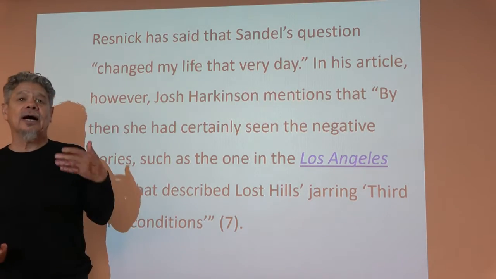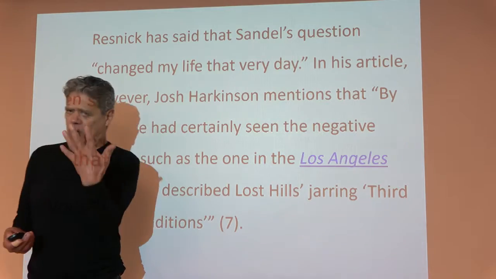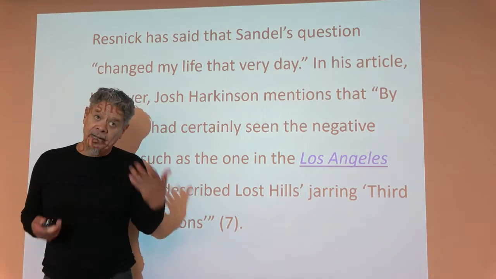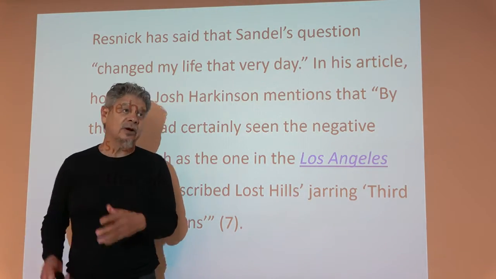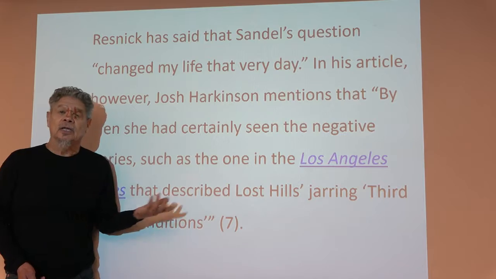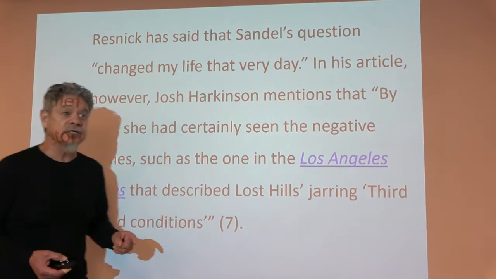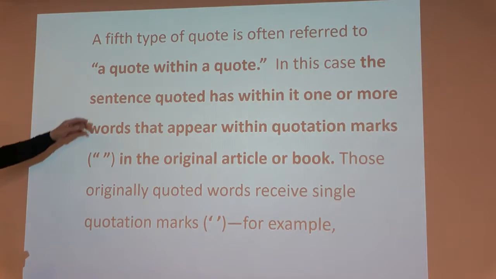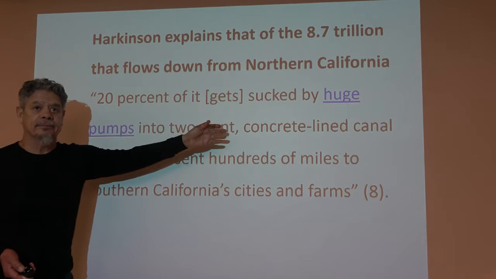Okay. So I hope, I don't want to require you to use all 5 types of quotations in your summary. But in case you want to quote a sentence that has quotation marks, this is how we do it. In case you want to change words in a quotation, I showed you how we do it. We put brackets.